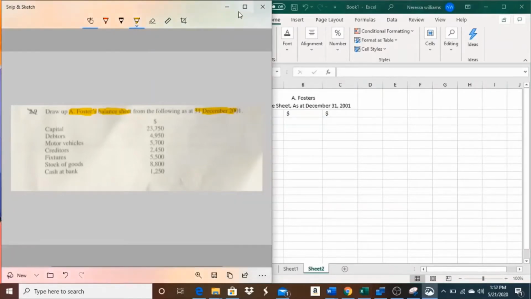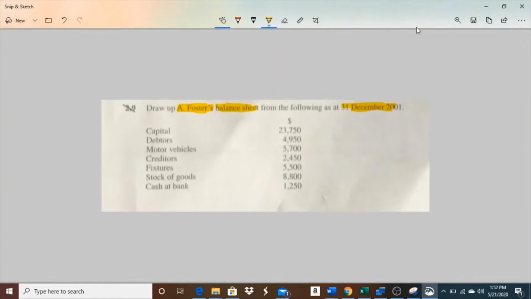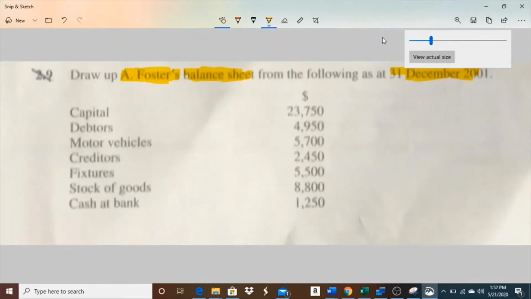So let me go right back to this. We're going to make a note of the ones that are equity, the ones that are liabilities, and the ones that are assets. For assets we'll put an A, equity we'll put an E, and liabilities we'll put an L.